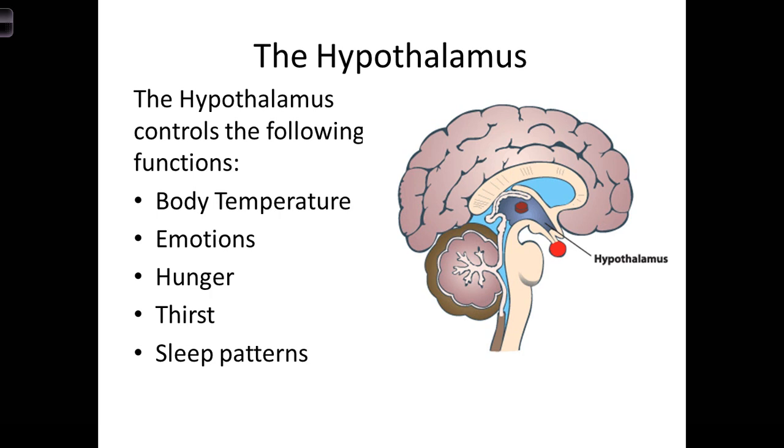Even if we were put into a dark cave and we had no idea when the sun was up and when it went down, we would still go through a sleep pattern of being asleep for about 8 hours and then active for the rest of the day. We'd still have roughly a day because of that internal clock that keeps ticking over. So the hypothalamus controls things like body temperature, emotion, hunger, thirst, sleep patterns, the kind of things that are affected by hormone levels.